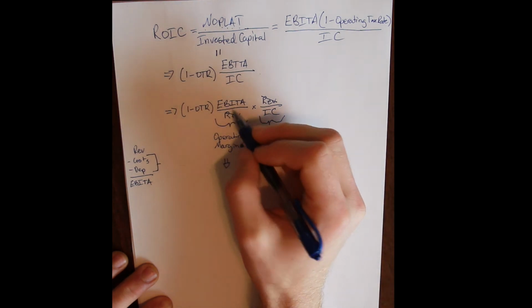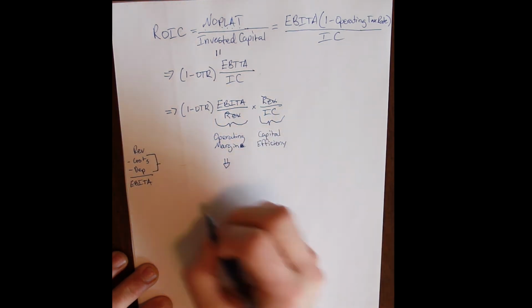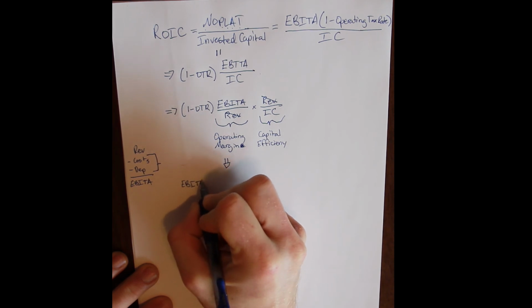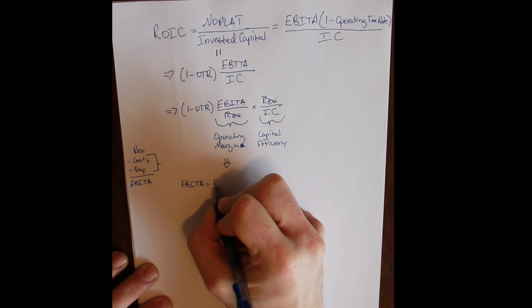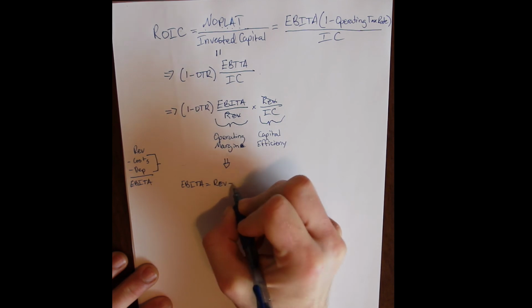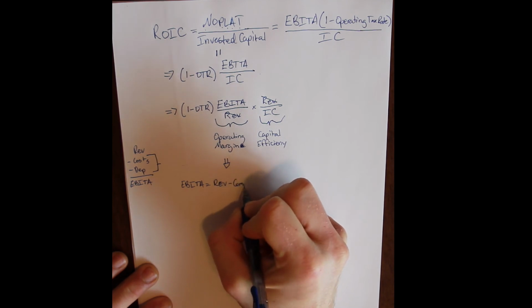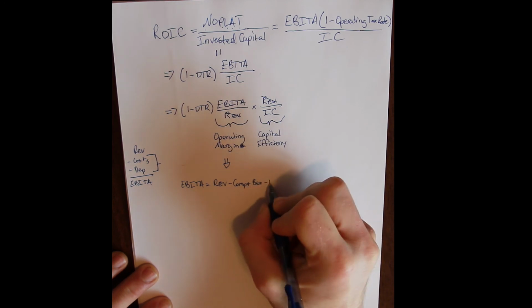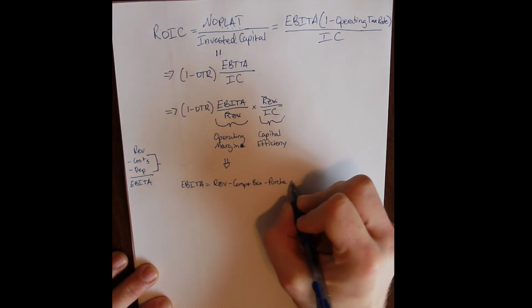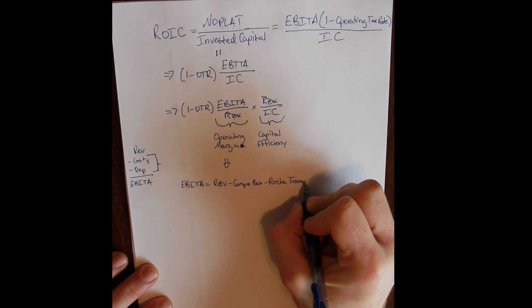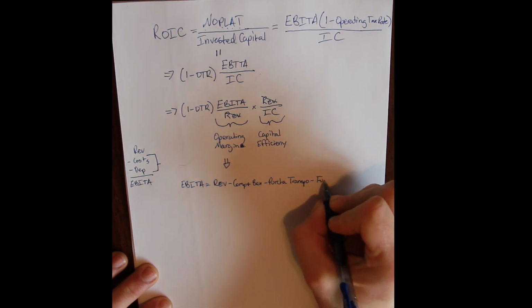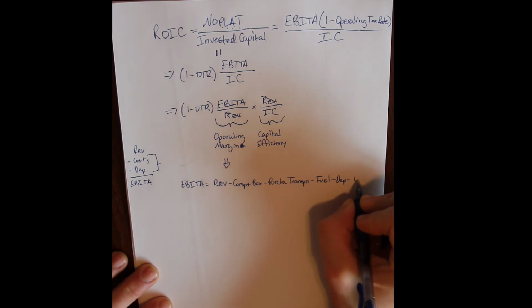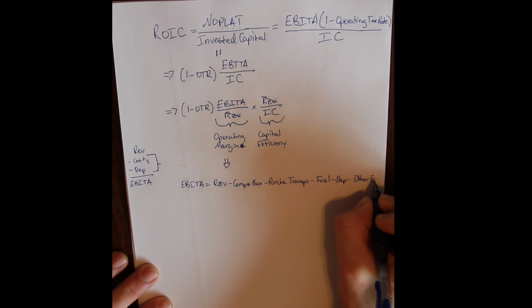And what I can do is I can expand this function a little bit more. I can say, well, I know that EBITDA for UPS is equal to revenue minus compensation and benefits minus purchase transportation minus fuel minus depreciation minus other expenses.